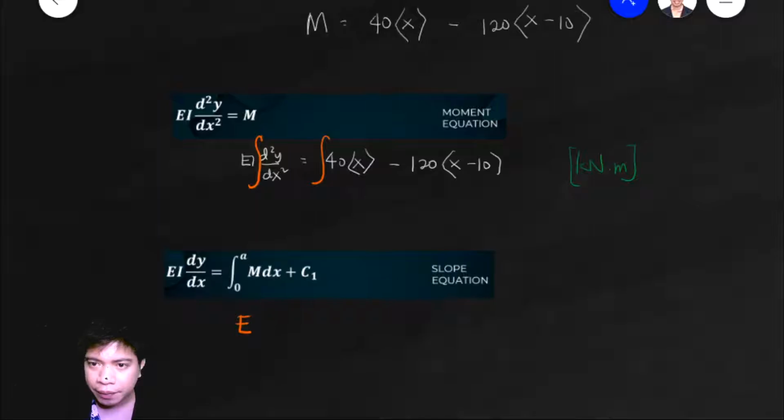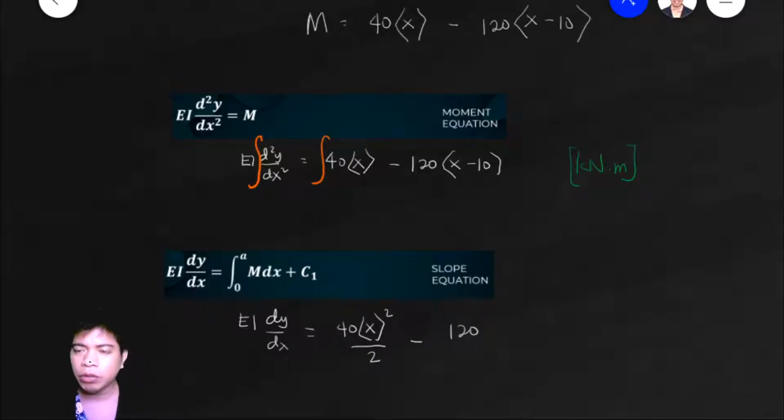So EI dy over dx. So again, integral natin ng d squared y over dx squared is dy over dx is equals to integral natin ng 40x is 40, then x square divided by 2, then minus 120.